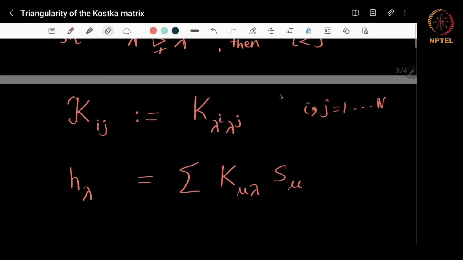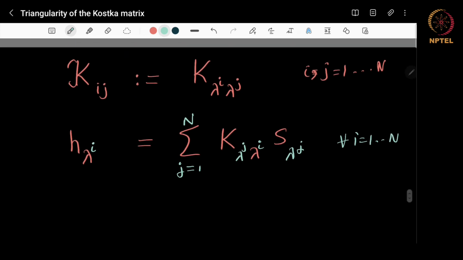I will just change my lambda to lambda I, and my mu to lambda j. I've done nothing else. And this is now a sum over j going from 1 to capital N. Okay, so this is true for every I from 1 to capital N.